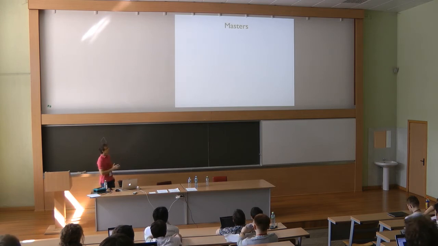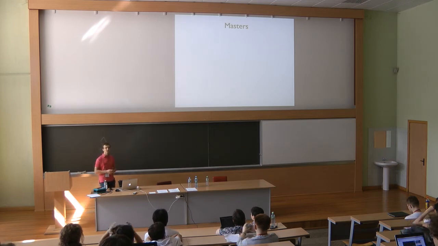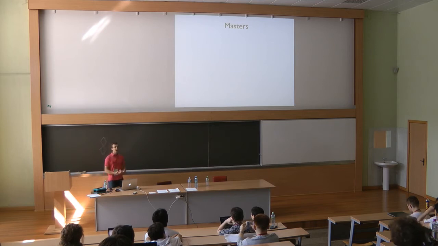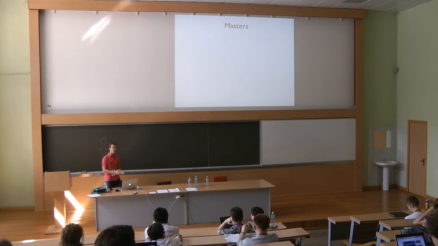So, masters. Well, how would distributed storage possibly work, right? If you have a lot of nodes, every node could store a small chunk of data, right? And there should be some point at which you can understand where the data is actually stored. For example, if you're asking for the first 10 rows, you should be able to answer the question of where you should go to get them.